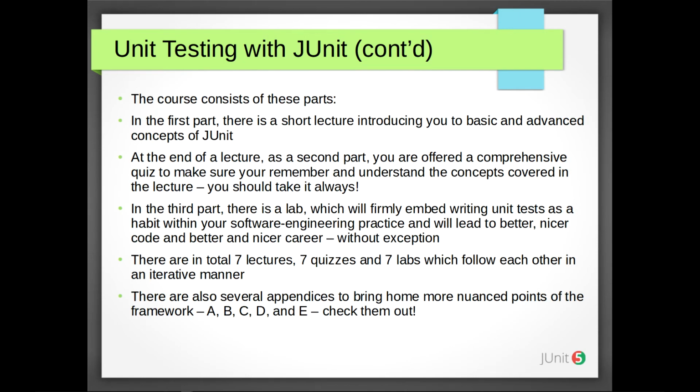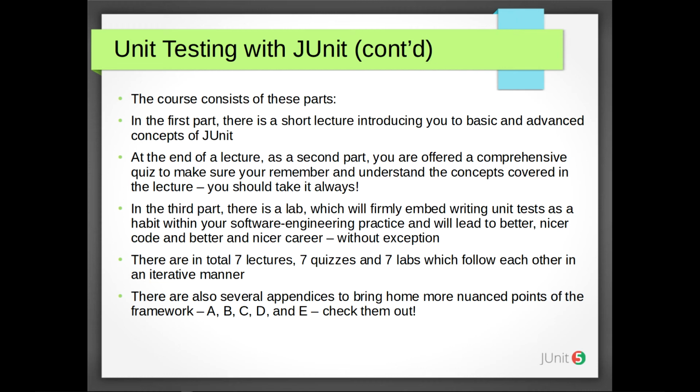The course consists of these parts, which are applied in an iterative fashion. In the first part, there is a short lecture introducing you to basic and advanced concepts of JUnit. At the end of such a lecture, as a second part, you are offered a comprehensive quiz to make sure you remember and understand the concepts we covered in the lecture, and you should take it always. In the third part, there is a lab which will firmly embed writing unit tests as a habit within your software engineering practice, and will lead to better, nicer code, and hopefully a better and nicer career, without exception.